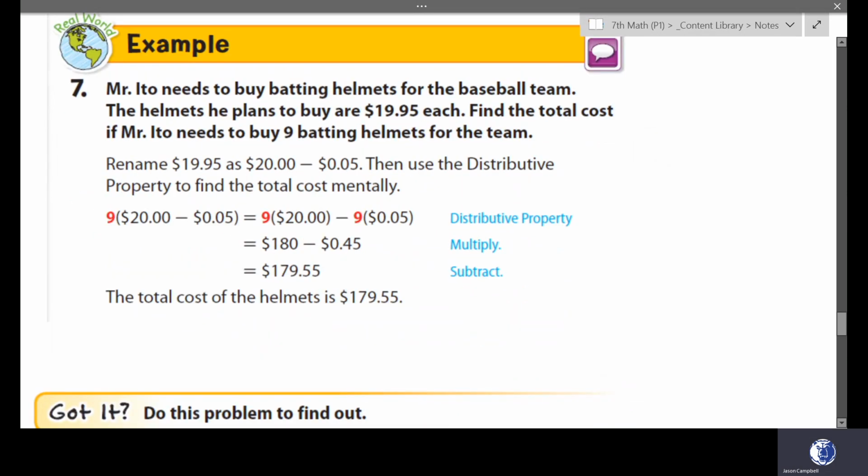Example 7 says, Mr. Ito needs to buy batting helmets for the baseball team. The helmets he plans to buy are $19.95 each. Find the total cost if Mr. Ito needs to buy 9 batting helmets for the team.